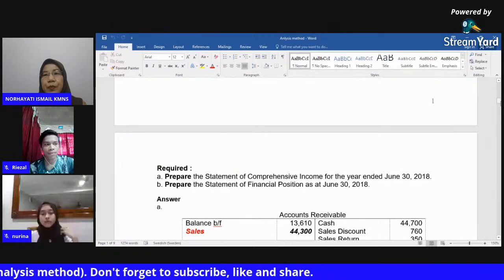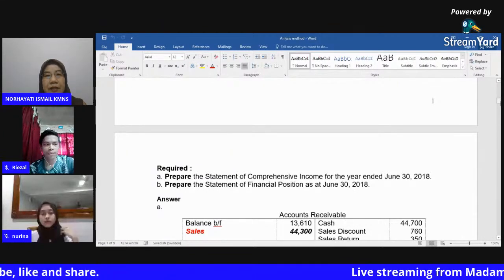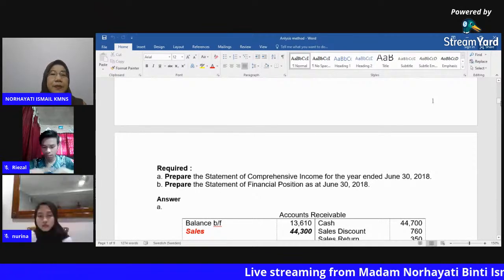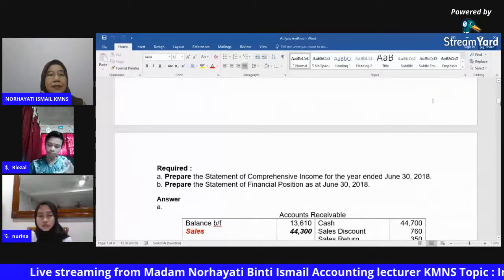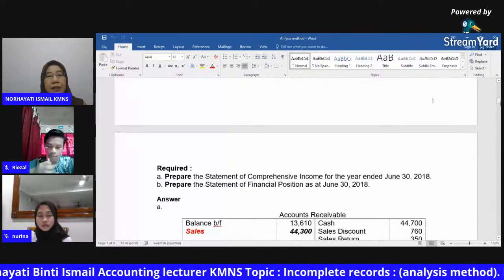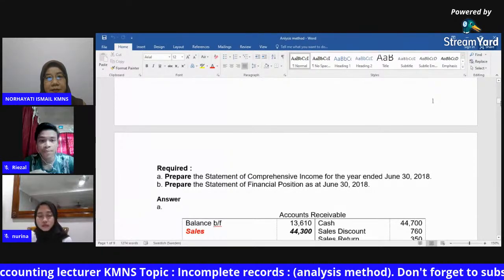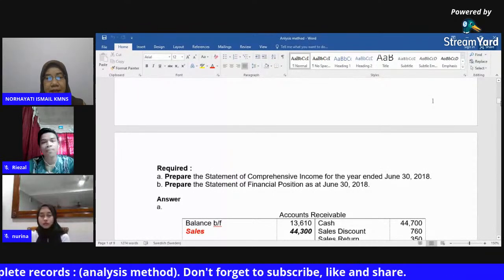Number one, we must prepare the account receivable. Okay, now I give you the list. First, you must prepare account receivable to calculate sales on credit. Number two, you must prepare account payable because we have to calculate the purchase on credit.